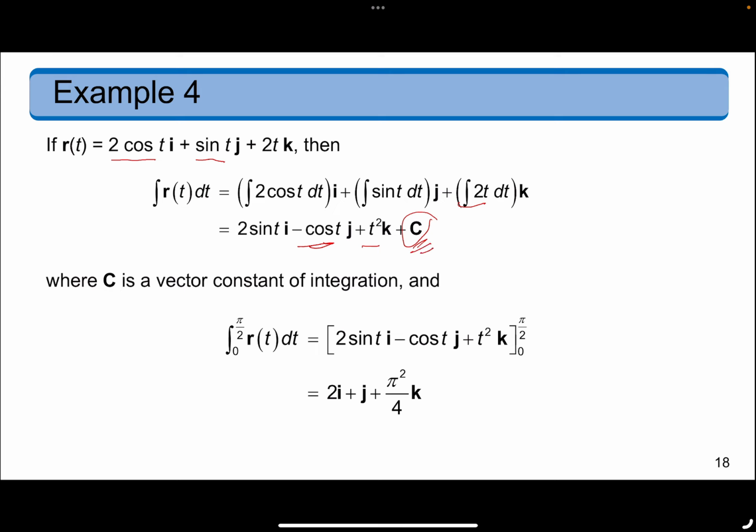It would be a constant for each of the components. So C is a vector constant of integration.